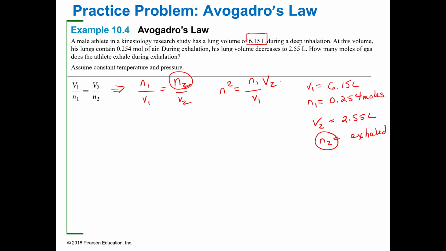Okay? All right, so N2 is equal to, now I've got liters and I got moles, so I'm set. So I have N1, which is 0.254 moles, times V2.